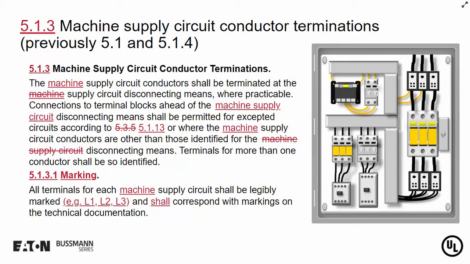From that point, we're able to tap off with those yellow wires and go to a disconnect that then supplies a control power transformer, which is required, as you'll find out, for accepted circuits, and then that can supply the accepted circuit load. From the power distribution block, we then would wire from that to the machine supply circuit disconnect.